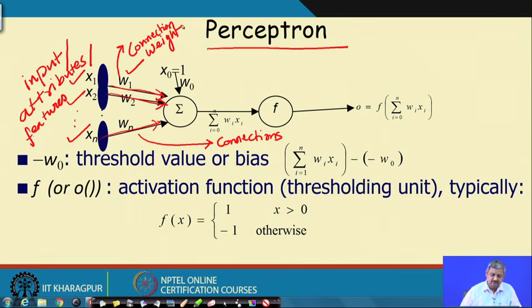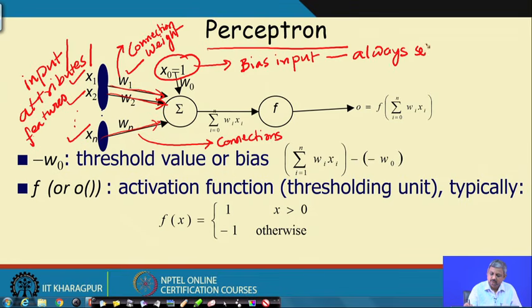There is one kind of dummy input x naught, which is always set to 1, which is called a bias. And similarly, there is a weight W naught, which is the bias weight.